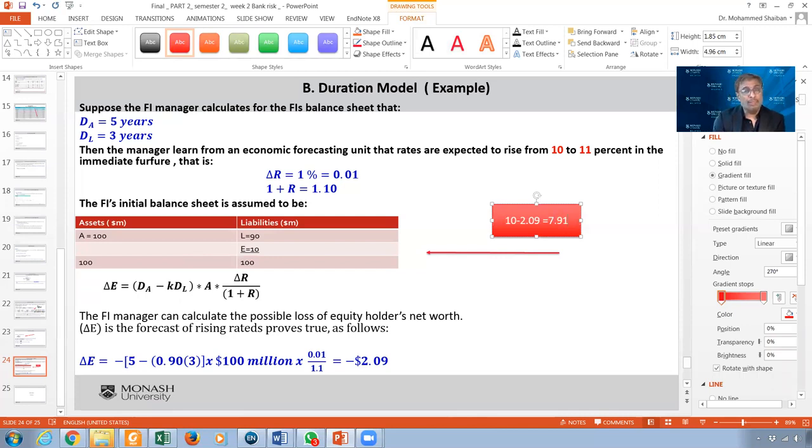So the increase in the interest rate has decreased equity, which is logical, because the duration of the assets is higher than the duration of the liabilities. Look, the duration of the assets is higher than the duration of liabilities. So the impact on the balance sheet is a decrease in the assets and a decrease in the liabilities, but the impact on the equity will be negative.